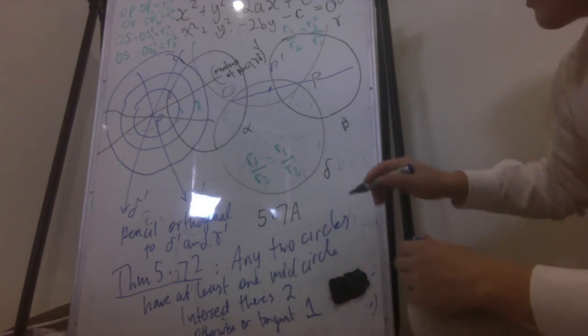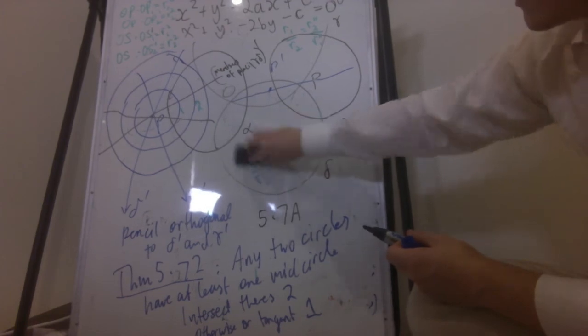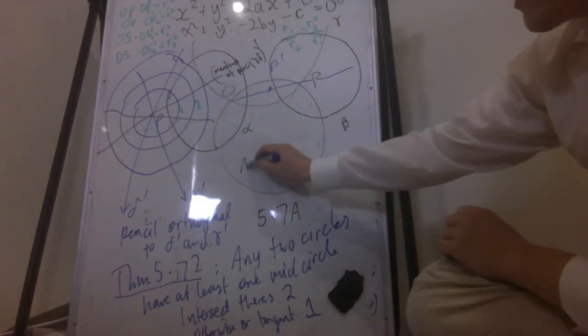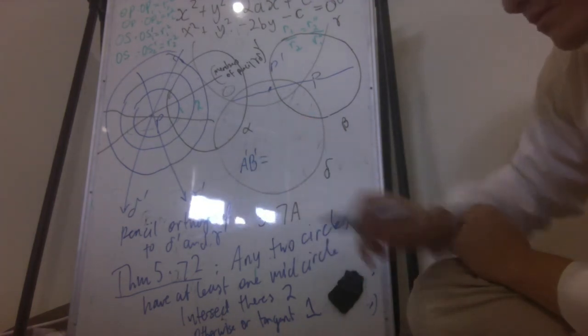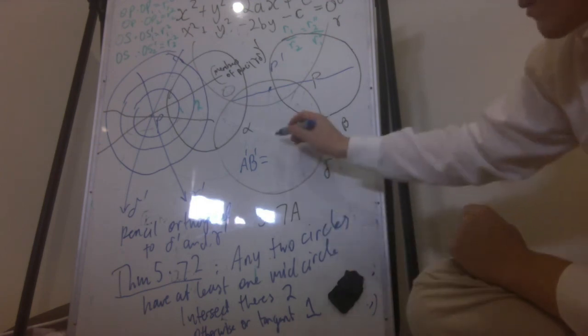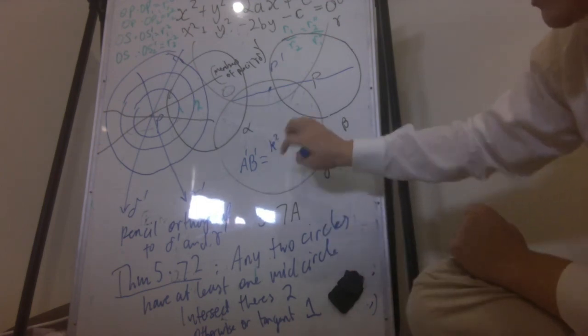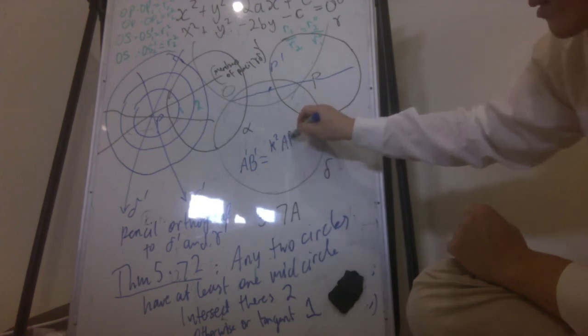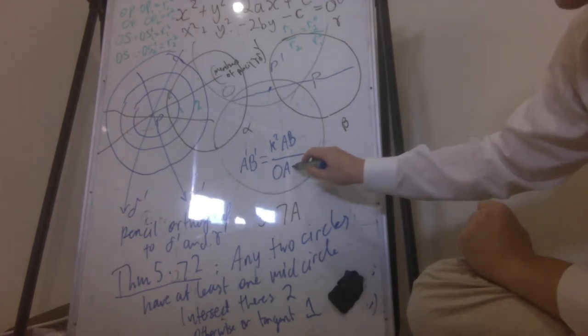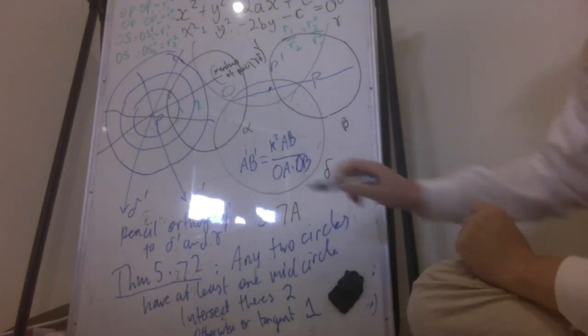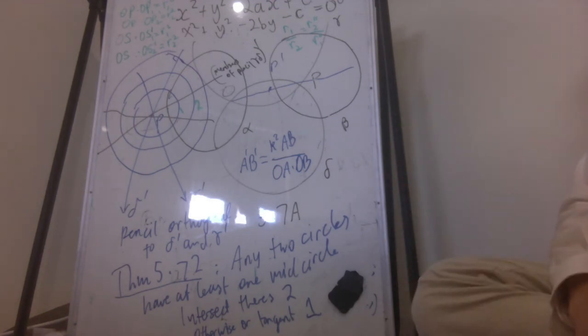So let me erase this. There was this thing we had before where A prime B prime is equal to K squared, that's the radius, times AB divided by OA times OB.